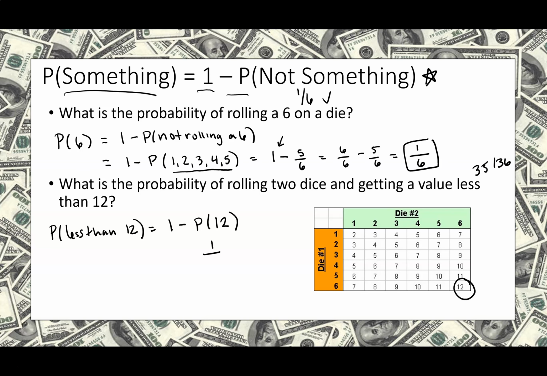Well, that's 1 out of 36 options. Let's rewrite this 1 as 36 over 36. Subtract. And we get 35 over 36, which is exactly what we wanted to get. Again, we wouldn't do it this way, but it certainly really makes sense why the formula works.